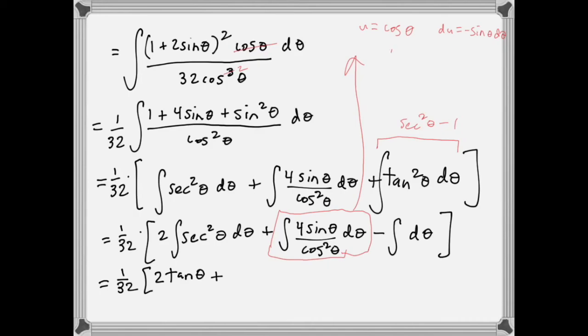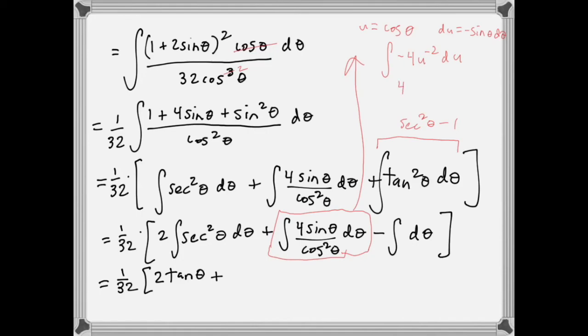And so my integral is going to become negative 4u to the negative 2 du. Okay. So when I actually integrate that, I get u to the negative 1 over negative 1.